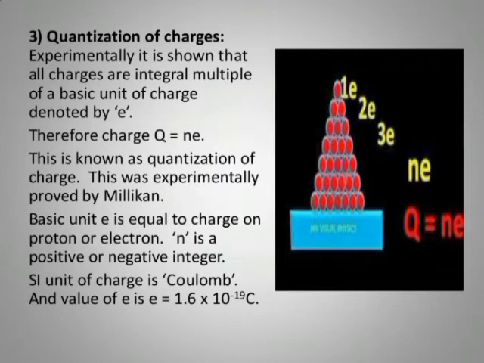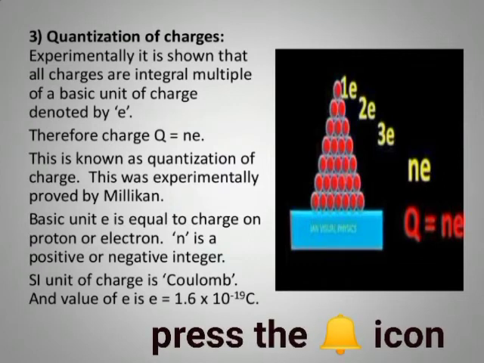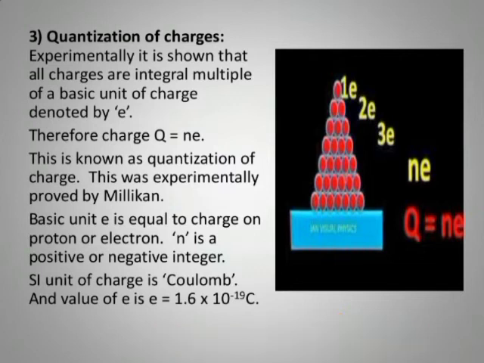So now if I consider the third property, it tells you about the quantization of charges. So what is that quantization? With a simple explanation, an atom consists of a proton and a neutron in the middle, and an electron which is revolving around that.